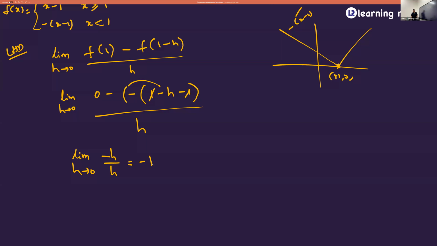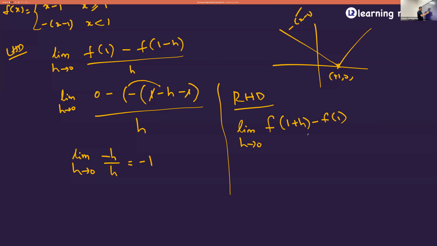Okay. Similarly, what about the right-hand derivative? Limit h tends to 0, f of 1 plus h minus f of 1, the whole divided by h. So f of 1 plus h means what function will you take? You will take x minus 1. So you will get 1 plus h minus 1 minus 0. f of 1 is 0.